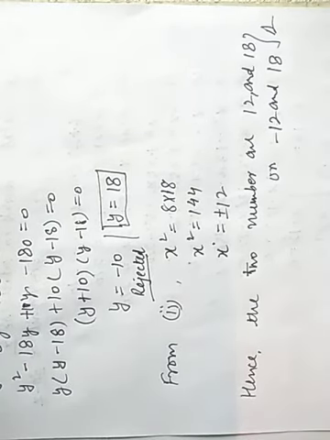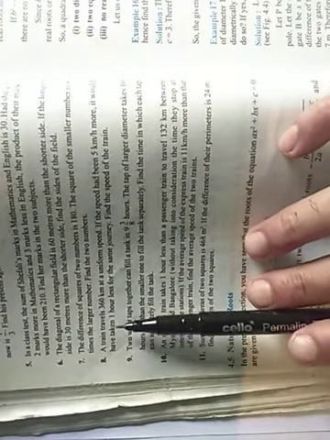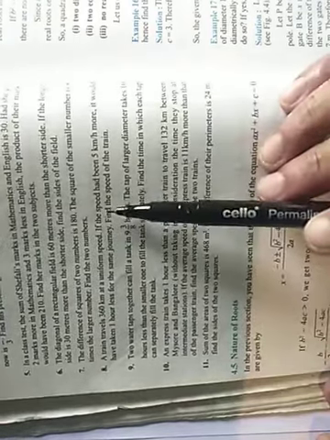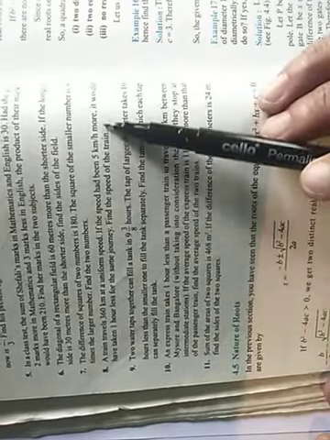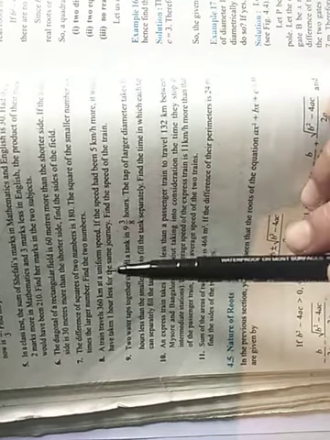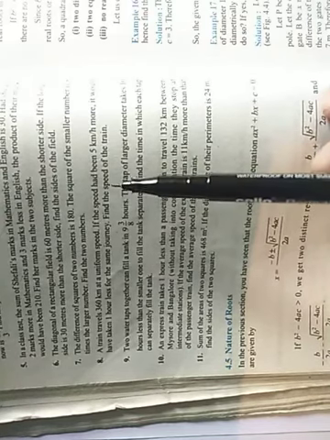Now let us solve one more question. You can solve the 8th question by yourself. It is very simple. A train travels 360 km at a uniform speed. If the speed had been 5 km per hour more, it would have taken 1 hour less for the same journey. Find the speed of the train. So you have to assume, let the speed of the train be x km per hour, then increased speed.